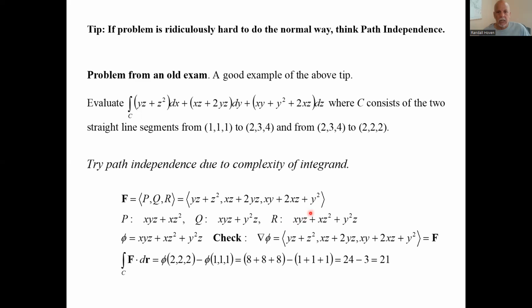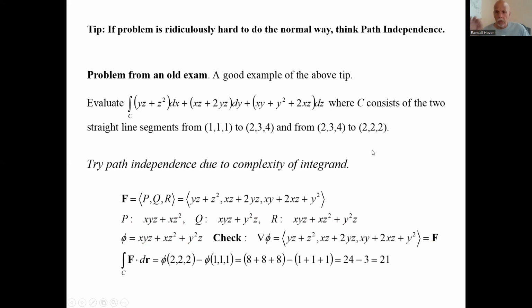The xyz terms are repeats, this xz squared is a repeat of that, this y squared z is a repeat of that. So this is all that's left, your phi. Take its gradient. Lo and behold, it is the F. Yes, it is conservative. We found the potential function.